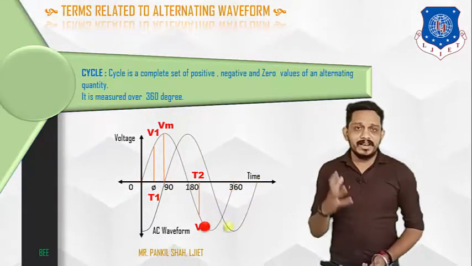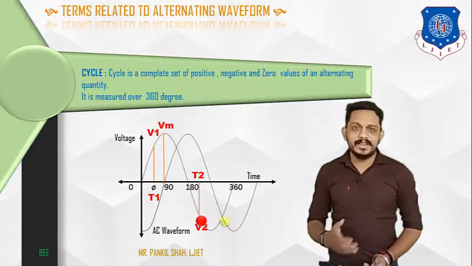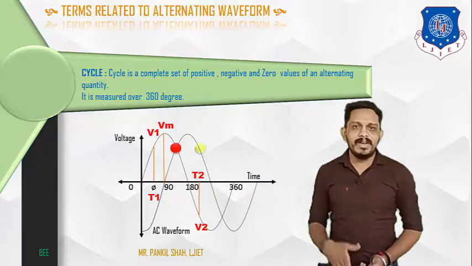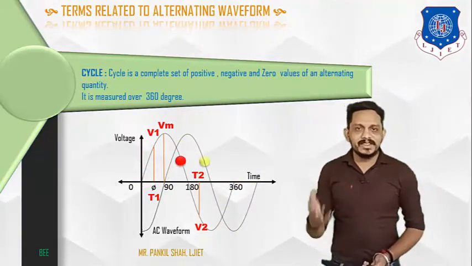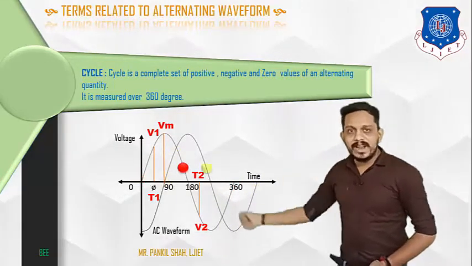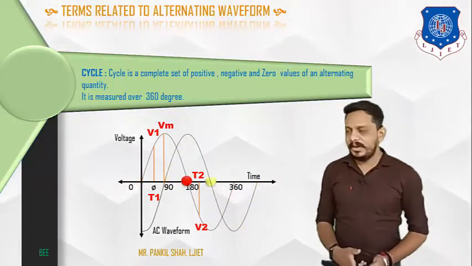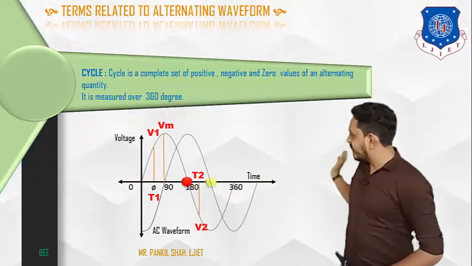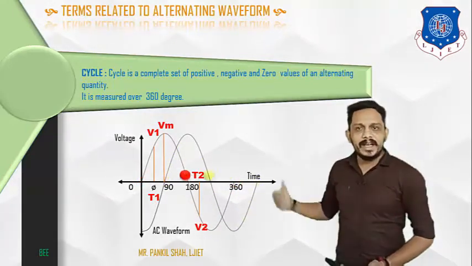Cycle is the set of all the values, that is positive, negative and zero, of any alternating quantity. Cycle is defined as all the zero, positive as well as negative values of any alternating quantity. Here you can see that there is a positive value, there is a negative value and a zero value.